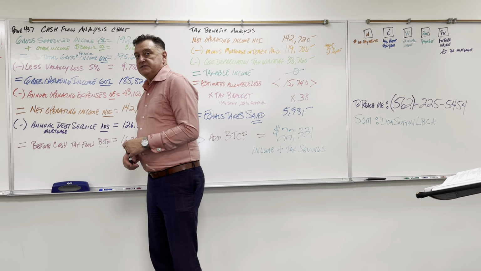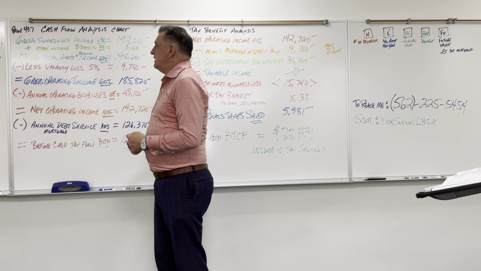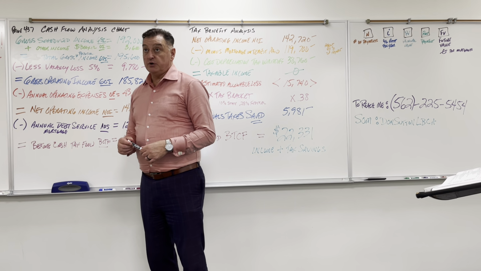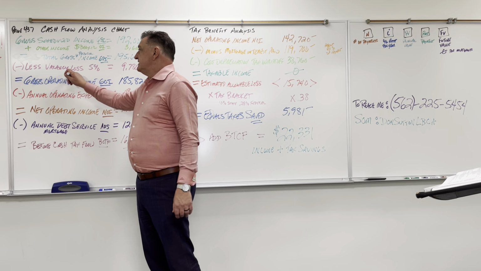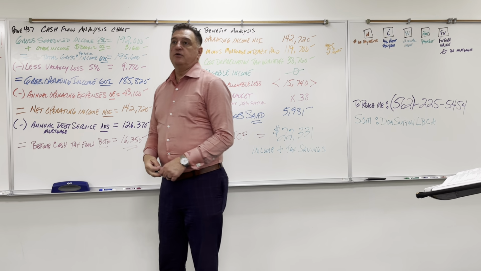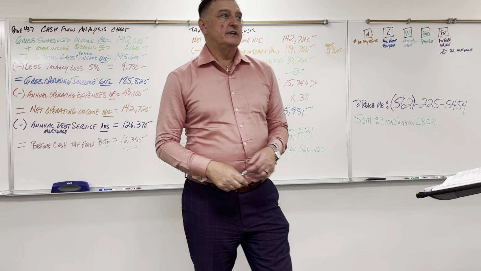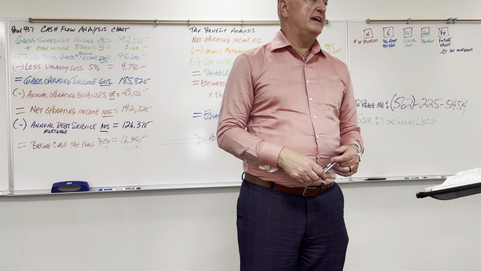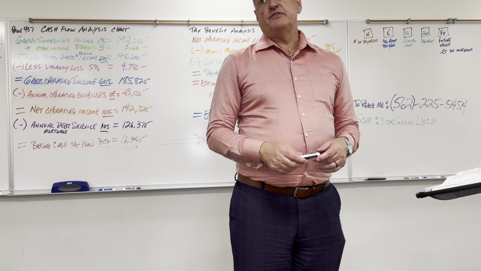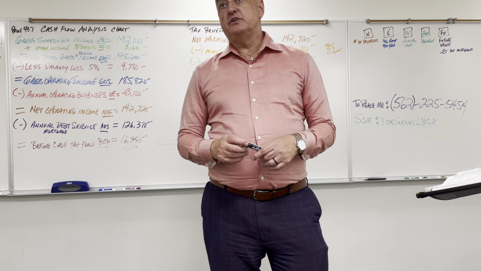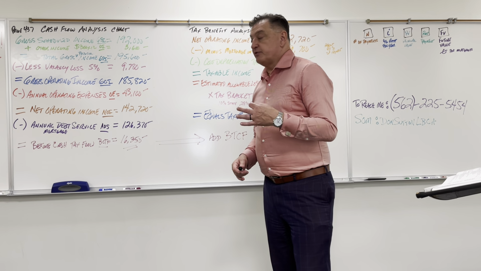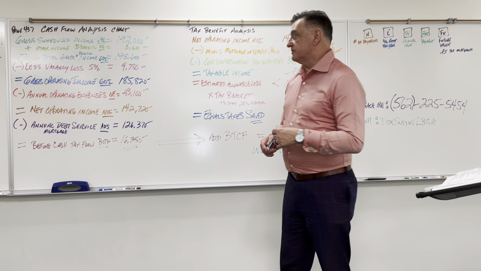If you notice, on this particular property in the book, they have a vacancy loss of 5%. Normally, most buildings will have a 3% vacancy rate. The Internal Revenue Service, the IRS, will usually allow you to have a 3% vacancy rate on your taxes.